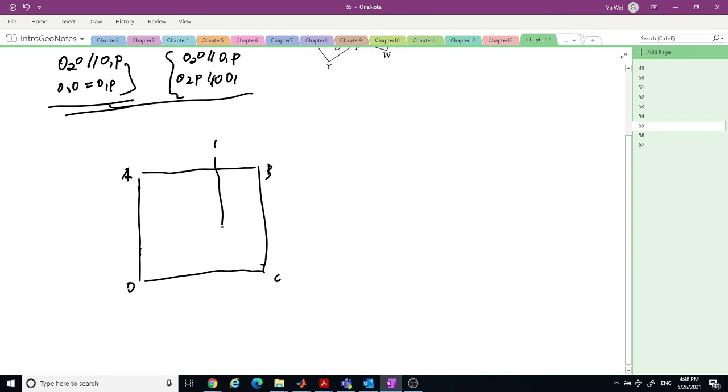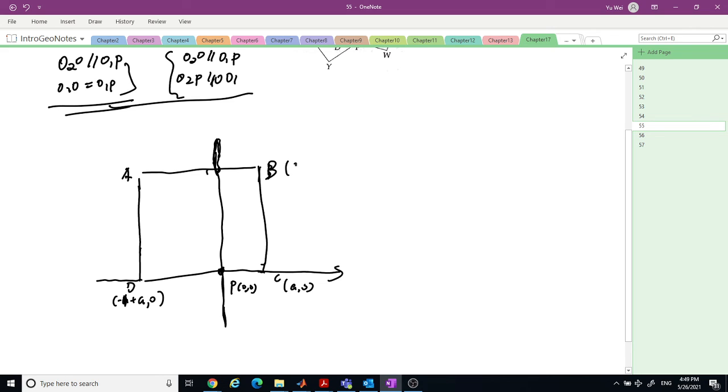Let's set up P. It doesn't matter what the side length is, so we can make it simple: P is 0, 0, and this one is negative A, negative 1 plus A and 0.